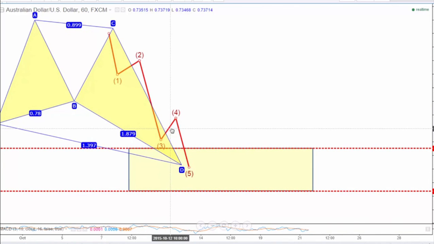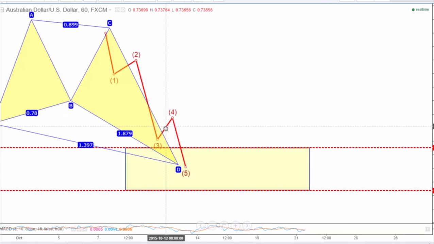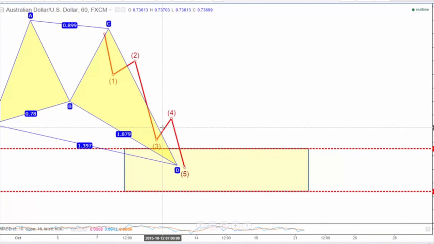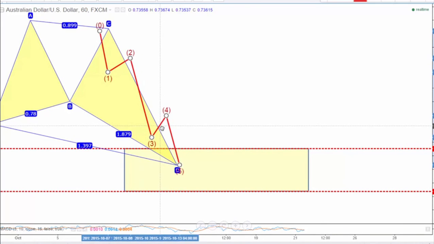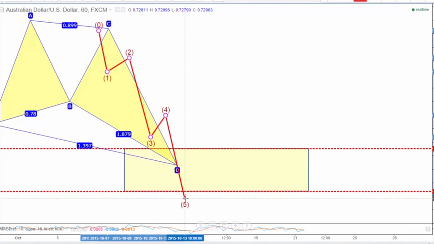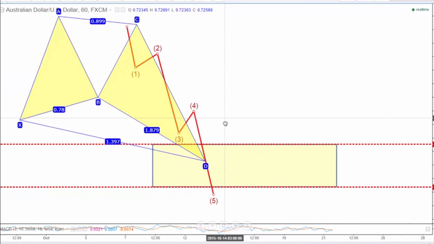What if you have a situation where, even on your harmonic scanner, this flushes down like that? What if this pattern was there just like that and this leg flushed down? You're still waiting. You're still watching.